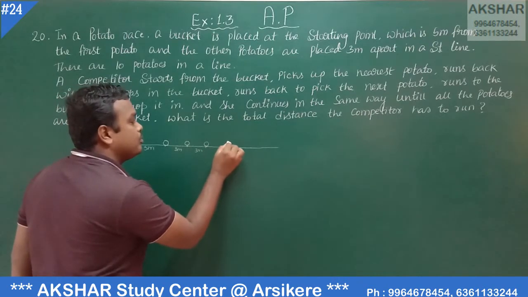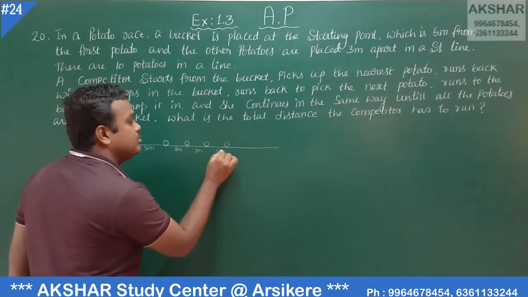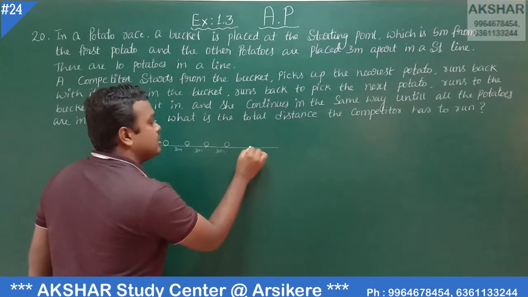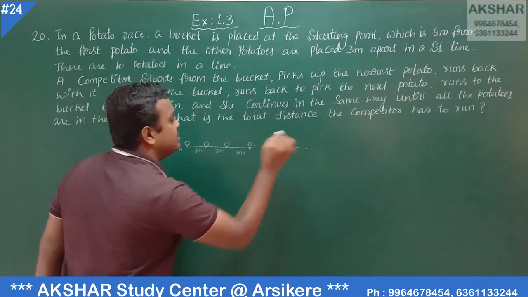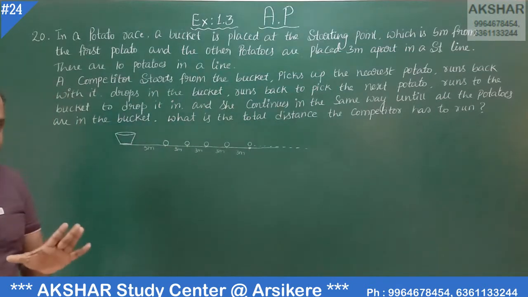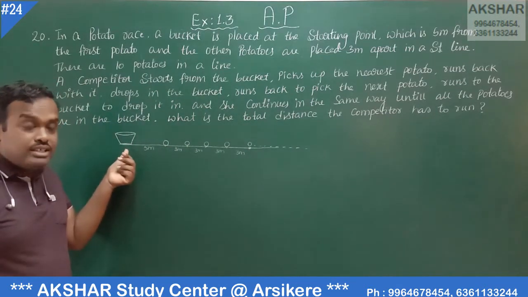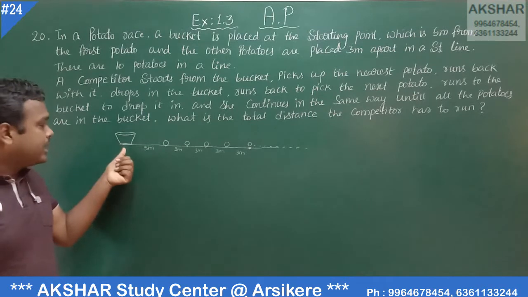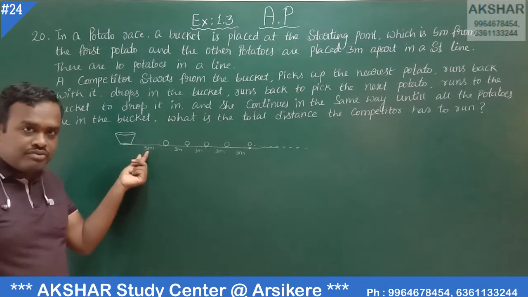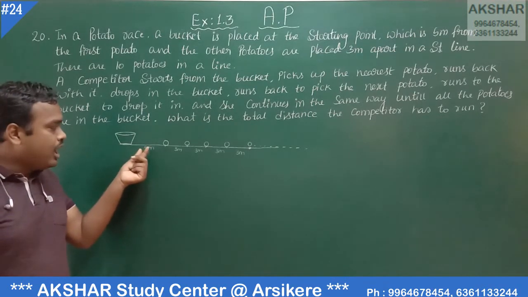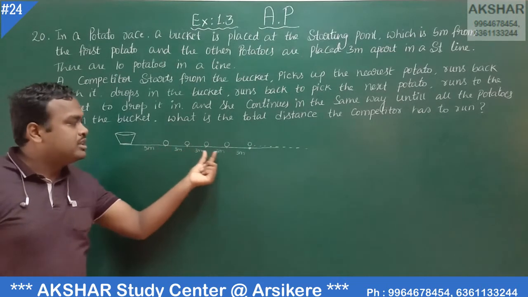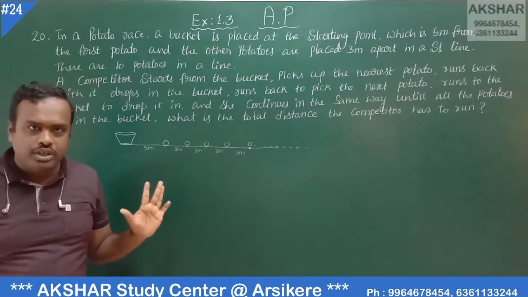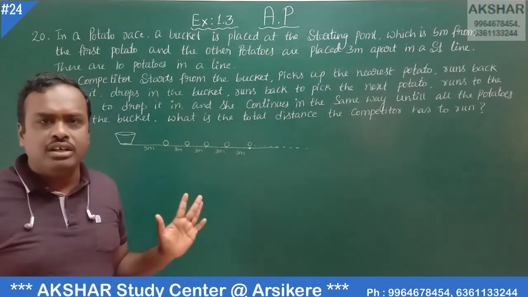For the fourth potato, the distance is 3 meters. For all the next potatoes, the distance is like this, 3 meters. The thing is, the bucket is the starting point of the race. Bucket to first potato is 5 meters of distance, and all the following potatoes are 3 meters apart. Okay children, this is the preparation of the game.